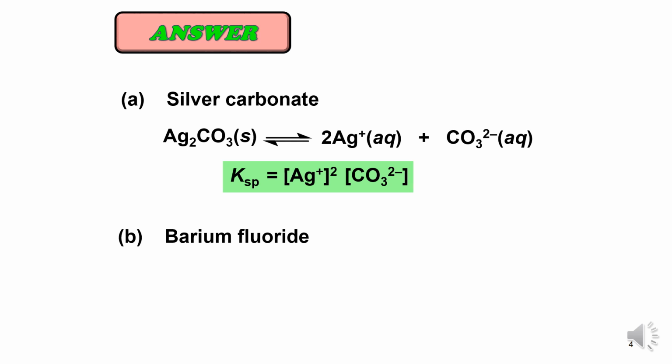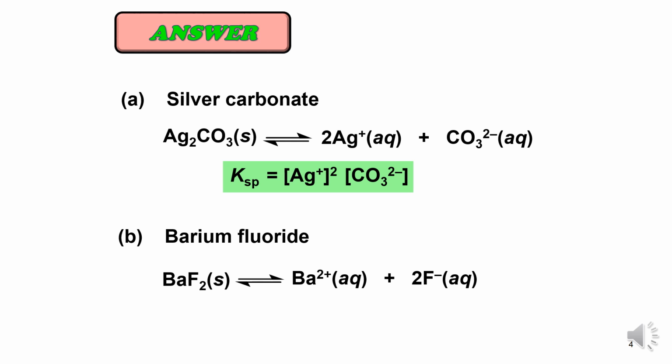Next, barium fluoride. The molecular formula for barium fluoride is BaF2. So the next step, we write the dissociation equation. Barium fluoride is also slightly soluble, so BaF2 forms Ba2+ aqueous plus 2F- aqueous.